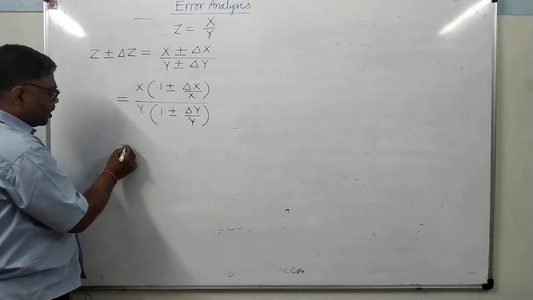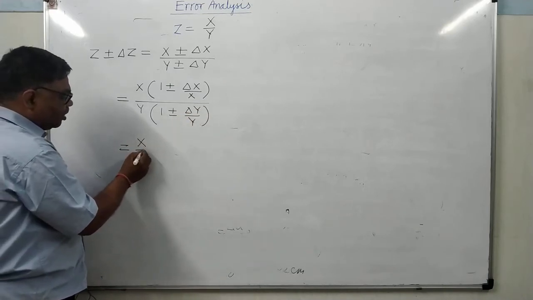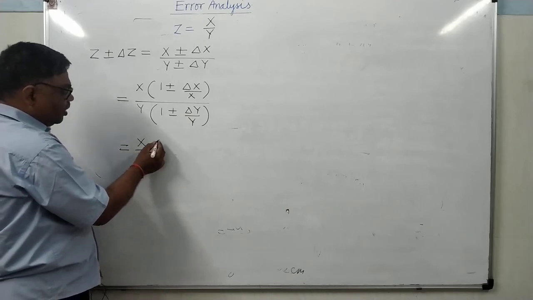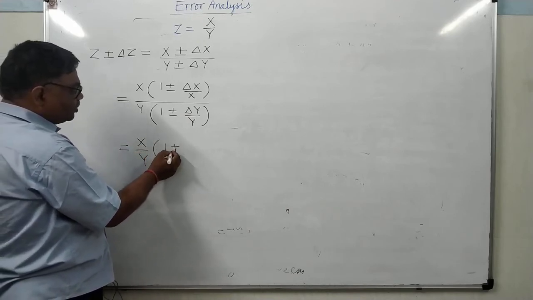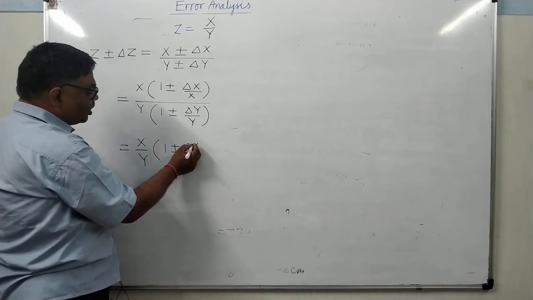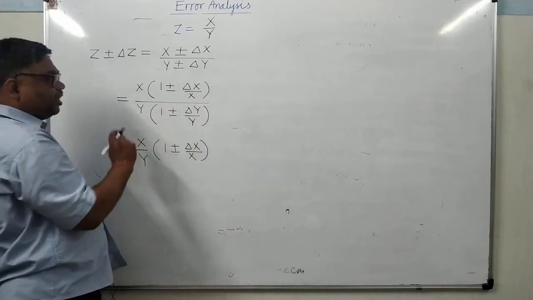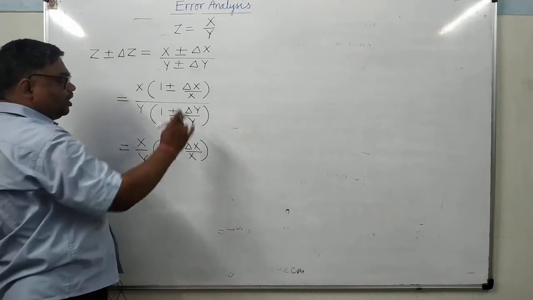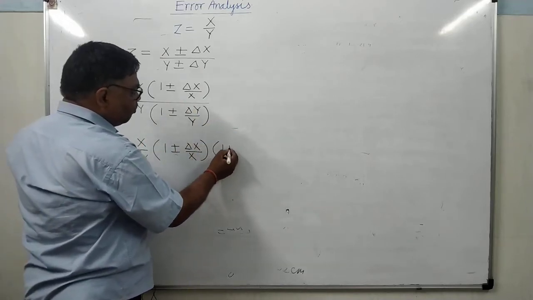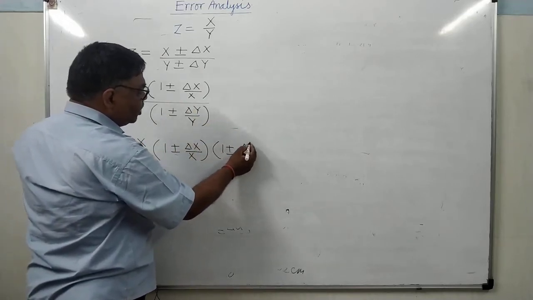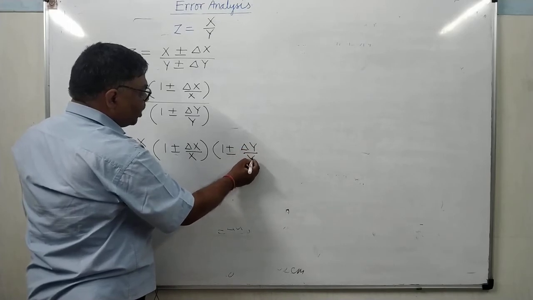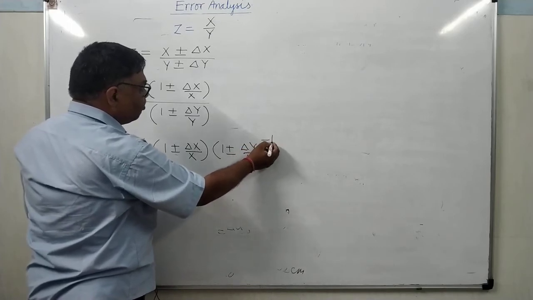So now you can write it as x upon y into 1 plus minus delta x upon x, and when you take the denominator bracket to the numerator, it will be 1 plus minus delta y upon y whole to the power minus 1.